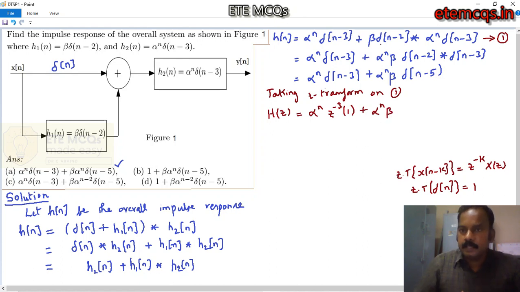Then you take Z transform on del of n minus 2, and based on time shifting property, it is z power minus 2 into del of n. Z transform on del of n is 1, and convolution altogether will be replaced by multiplication. So you will have a multiplication. Alpha is taken already outside. So Z transform of del of n minus 3 is z power minus 3 into 1.